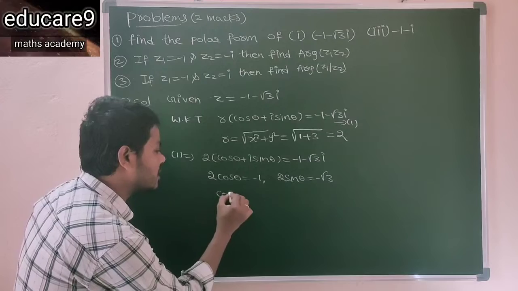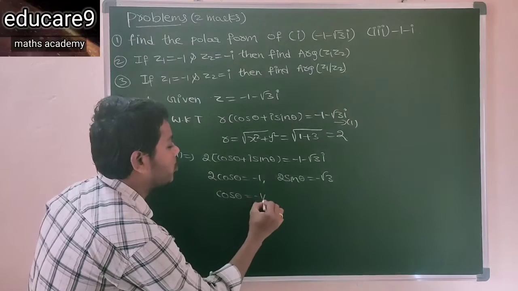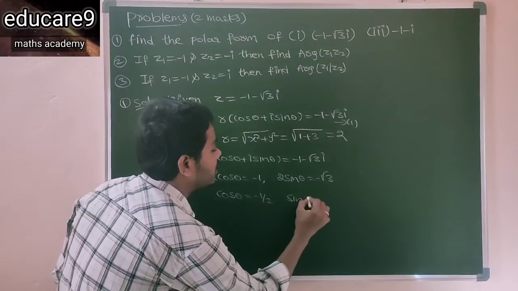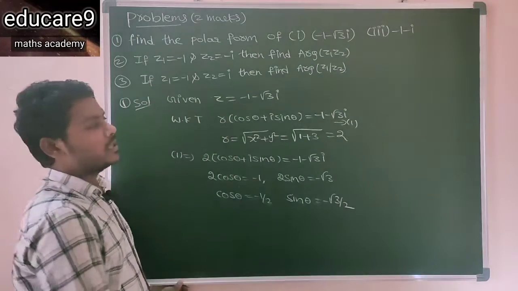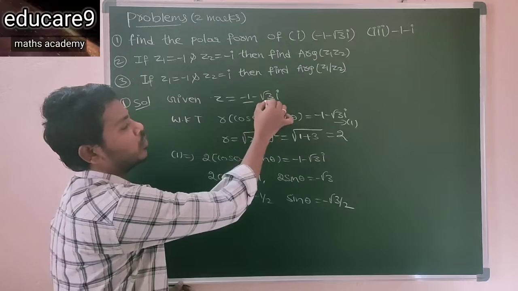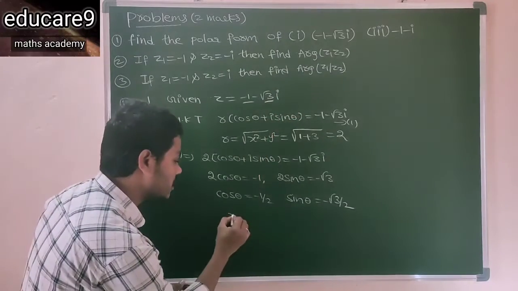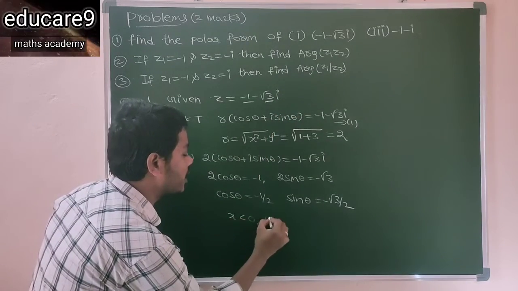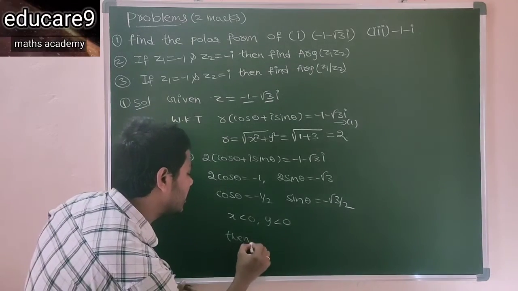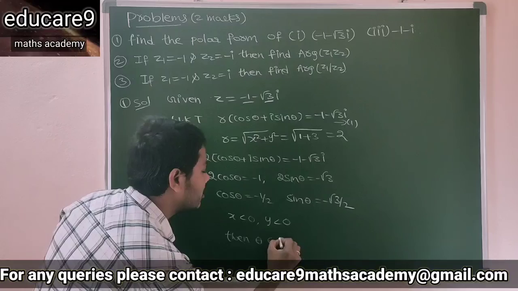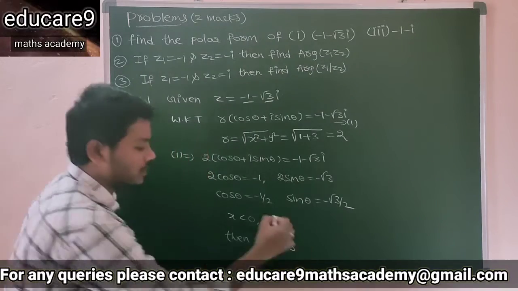So therefore cos theta value is -1 by 2. Sin theta value is minus root 3 by 2. So see here, x is negative, y is negative. So x is less than 0, y is less than 0. So then theta lies in the third quadrant.